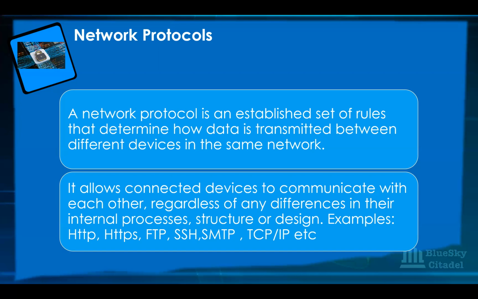The SSH is called the secure shell. This provides encrypted communication between clients and servers, so it prevents what they call eavesdropping and unauthorized access. We have many more. We have POP3, that's the post office protocol version 3.